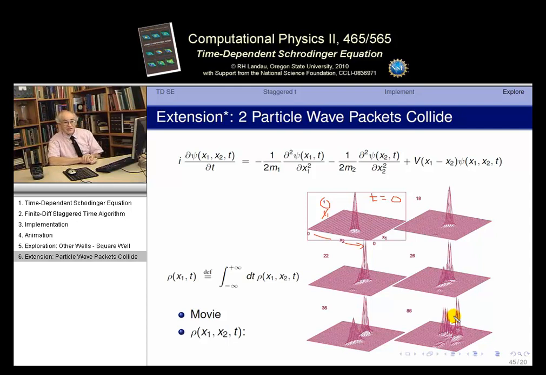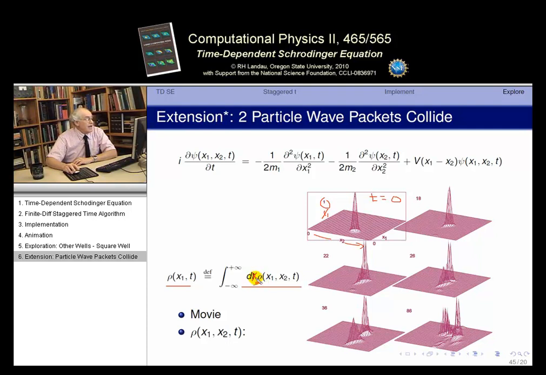But this is very hard to see because we're just not used to visualizing a wave function of two coordinates and simultaneously time. Okay? So what we've done in creating some movies for you to look at soon is to say, let's look at the density of particle 1 by itself by integrating out over all of space dx2.